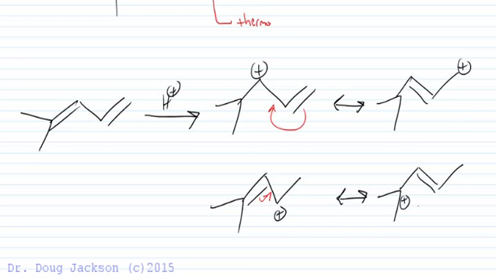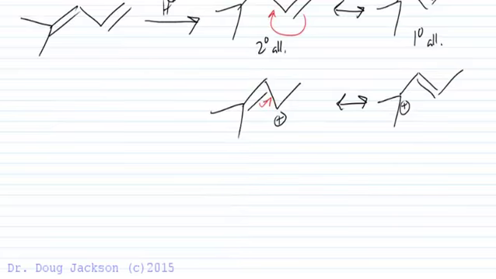And we can kind of analyze this system. And so if we do, we see that we've got a secondary allylic cation here. We've got a primary allylic here. So it's allylic in that it can resonate with a double bond, and there's a primary carbon, there's a secondary carbon.